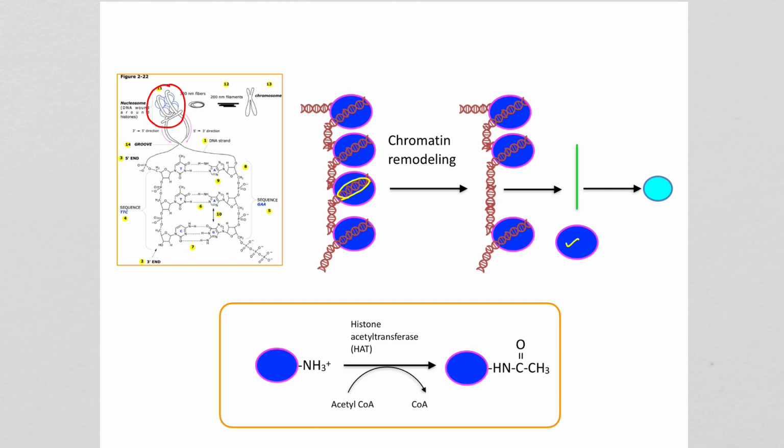So if this was the insulin gene, this access to the insulin gene by removing this histone here only happens in the beta cell of the pancreas. The other cell types do not have the protein machinery or other biomolecules necessary to get access to this insulin gene here. Only the beta cell of the pancreas has the necessary machinery to get this information.